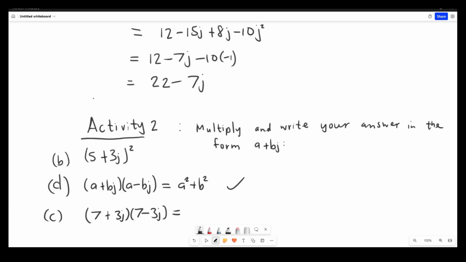So I expect this answer based on what I have here and here and here. A squared is 7 squared. And these are two conjugates. A plus bj and a minus bj are conjugates. 7 plus 3j and 7 minus 3j are conjugates. So this answer immediately I can say is 49 plus 9, which is 58. We will verify that, okay? So let me write here a note to check.